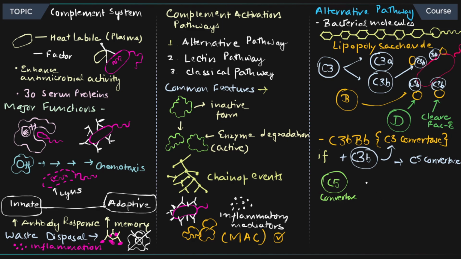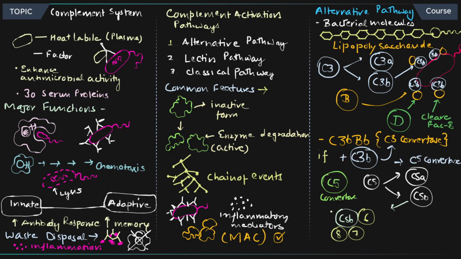C3 convertase converts C3 into C3b. Here, C5 convertase converts C5 into C5a and C5b. Then C5b combines with C6, C7, C8, and C9 to form MAC, the membrane attack complex. That causes pore formation, and that causes cell lysis. So this is the overview of your alternative pathway.